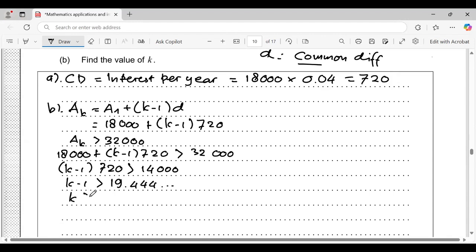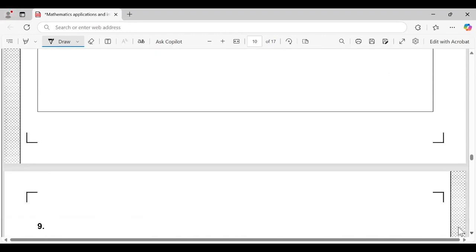So k is greater than 19.444 plus 1, which is 20.444. So the smallest integer k equals 20.